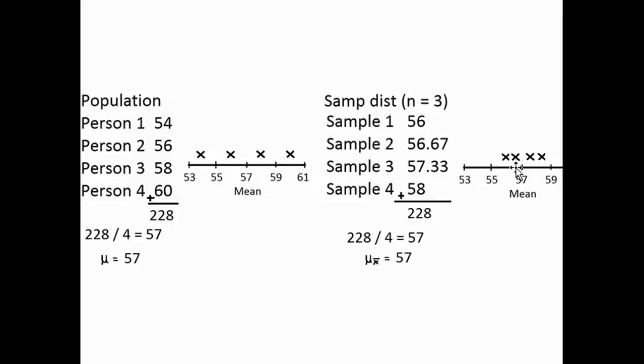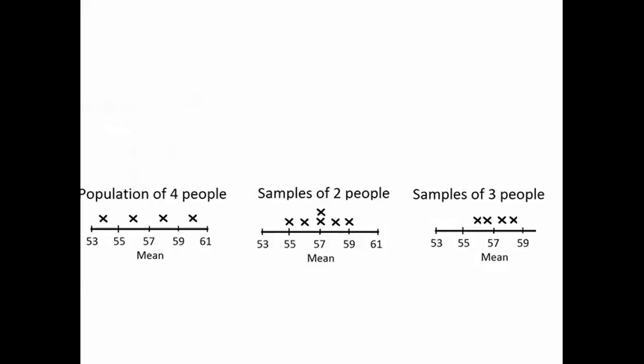That's just because bigger samples are more accurate and more dependable. So here we have a visual that shows us that the 4 individual people in the population have the most dispersion. Their individual heights have the most dispersion. The means of the possible samples of 2 people have less dispersion.